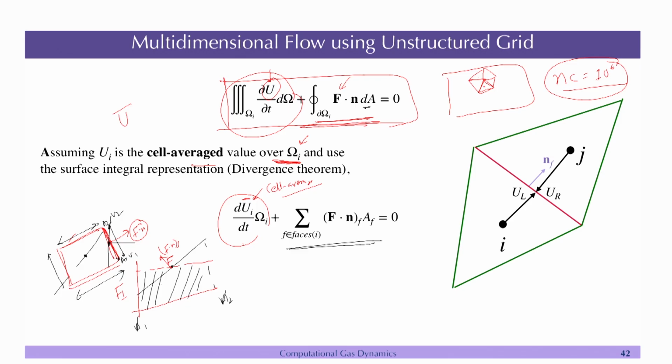I have converted this continuous integration across all the phases to the discrete sum over the number of phases that we have. In the tri it will be 3, in the quad it will be 4, if it is hexagonal that will be 6, with the discrete variation. So, you have f dot n at f, which is the value at the face center, and multiply by the area that you have here.